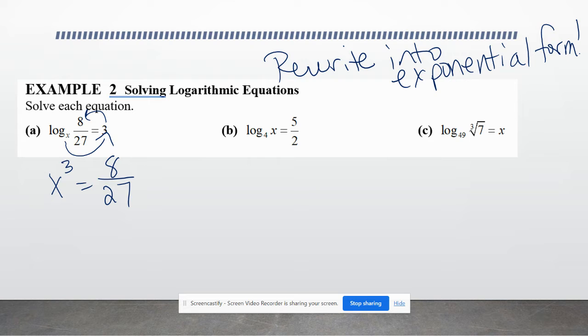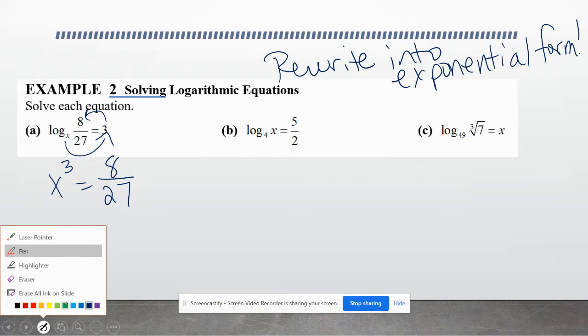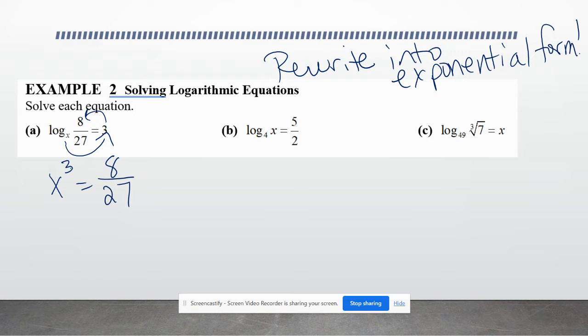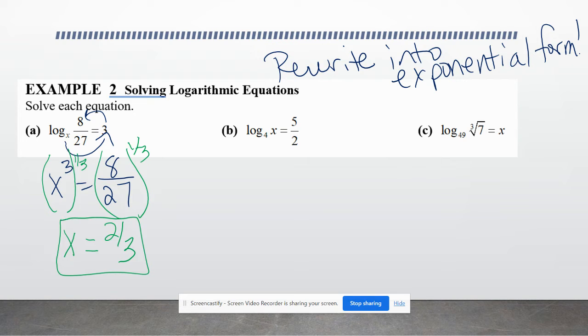So back in section 4.2, we learned that if we have a base that's a variable and we have an exponent that we want to make 1, we use the reciprocal power. The reciprocal of 3 is a third. So I'm going to raise both sides to the 1/3 power. 3 times a third is 1. 8/27 to the 1/3 is 2/3. And so x would be 2/3.